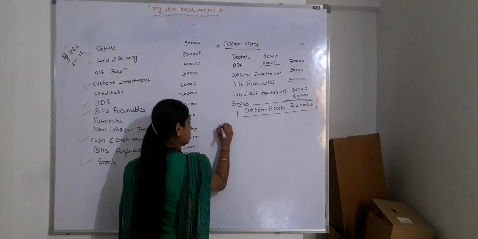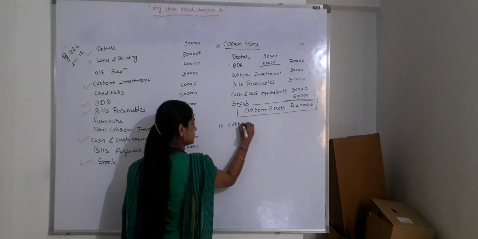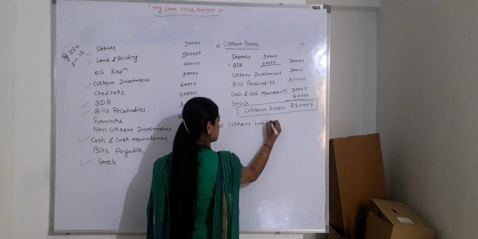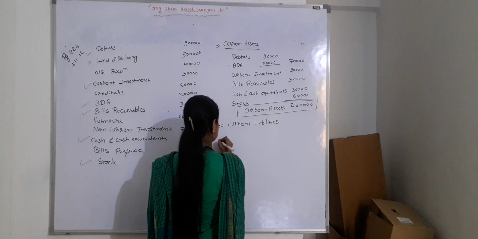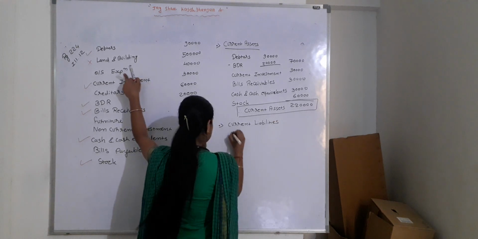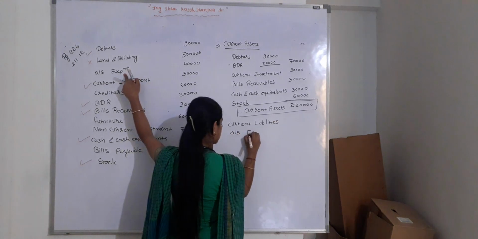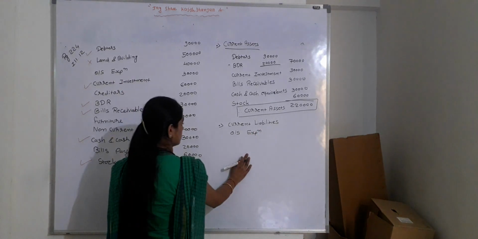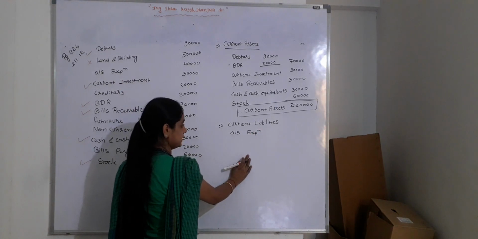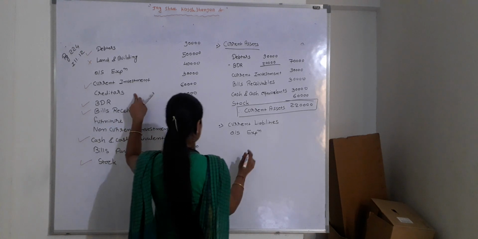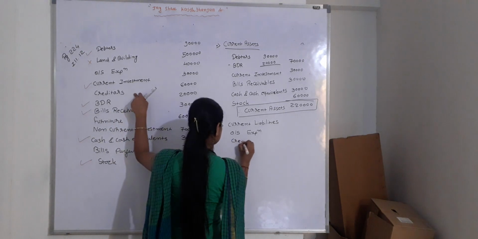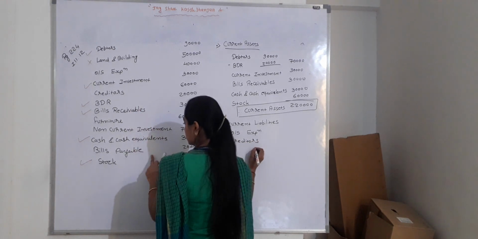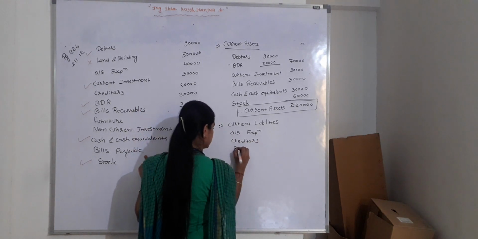Now we'll find current liabilities. In current liabilities, outstanding expense, that is those expenses which are not paid, that means unpaid. Creditors, furniture, no. Bills payable, only three things.